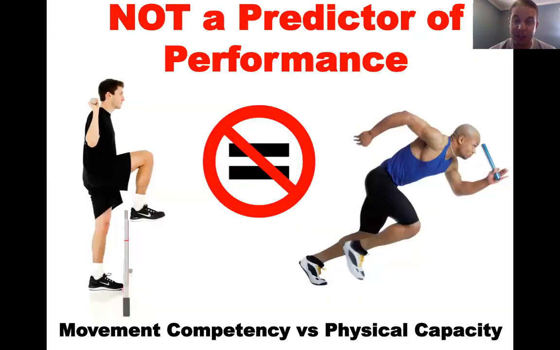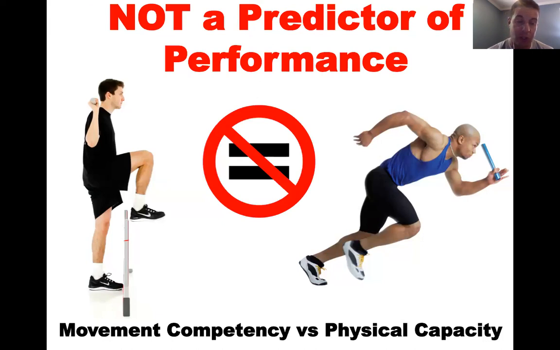Another misconception of the FMS is that it is a predictor of performance. We're looking at movement competency with the movement screen. Until we get into the FCS and start to look at your capacity, we can't start to begin to predict your athleticism or your ability to do certain things like running and jumping and changing direction.